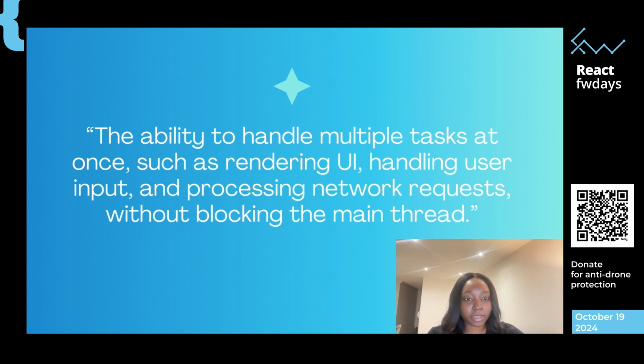We can interrupt the rendering process because it's processed in chunks and not all at once. I'm going to show a quick example of this in a second. But concurrency essentially makes for a more fluid user experience, and also a more efficient use of a system's resources, because we're managing multiple tasks at the same time.